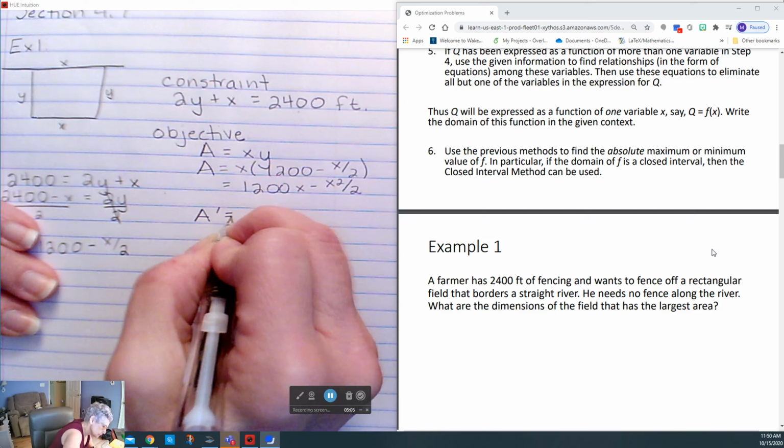Easy enough. So now I take this and I put it into my objective function. Area is equal to x times 1,200 minus x over 2. Distribute, because I want to get it as simple as I can before I start differentiating.